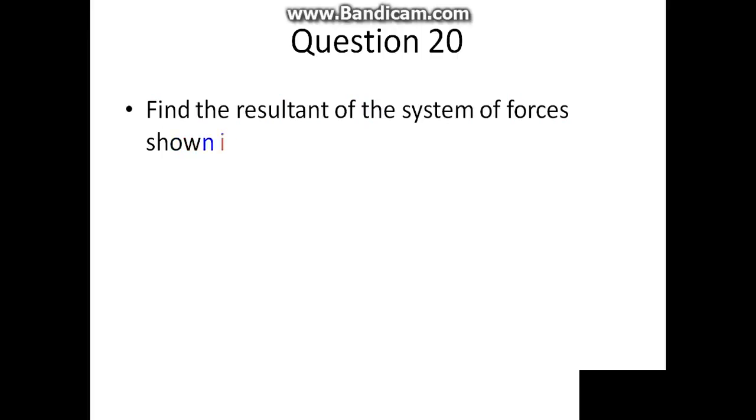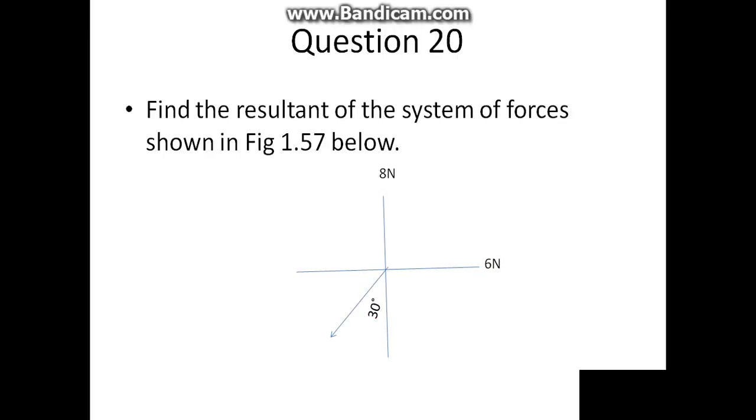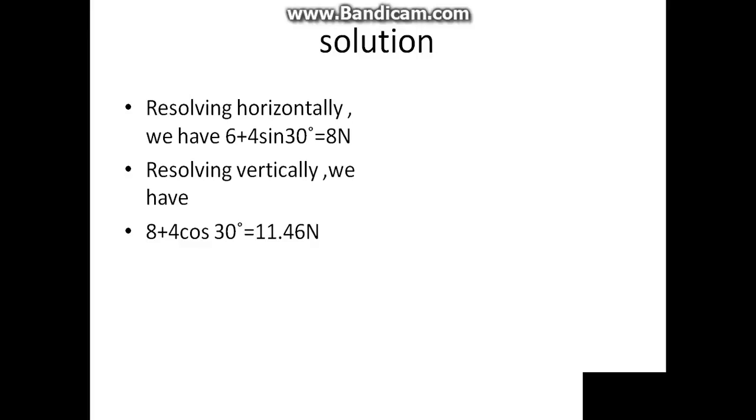Question 20. Find the resultant of the system of forces shown in figure 1.57 below. Solution. Resolving horizontally, we have 6 plus 4 sine 30 degree, which is now equal to 8 Newton.